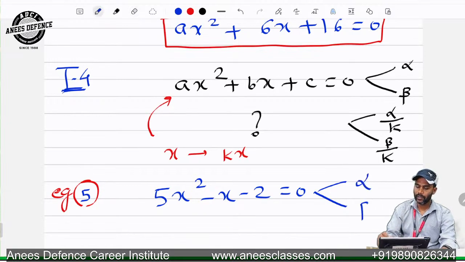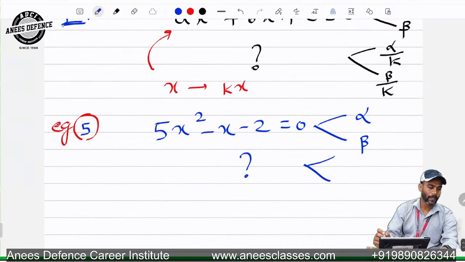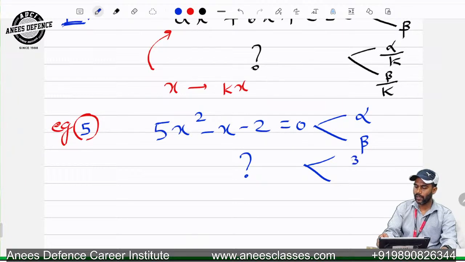You are supposed to find out the equation of which roots are alpha by 3 and beta by 3. Not 3 alpha. Alpha by 3 and beta by 3. Let's try to solve it.